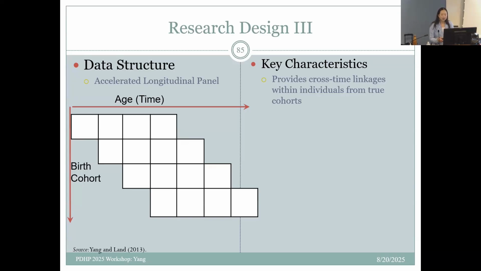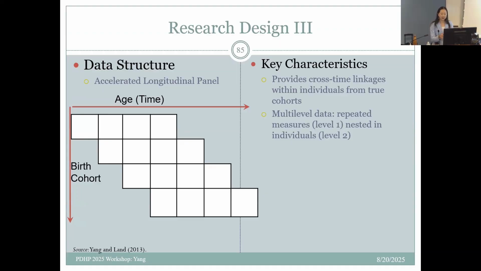And so this kind of design is especially, first and foremost, different from the first 2 designs in that these are true cohort data with cross-time linkages within individuals. So they're not synthetic, they're actual birth cohorts.